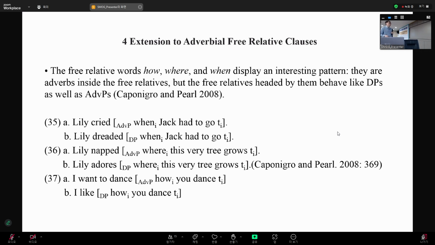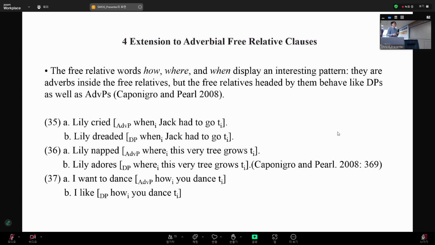The problem is that in 37b, how it ends is a DP. If how is an adverbial phrase and projects the label in here, then there's no reason that this can be a DP. So this is a problem, and where phrases and when phrases show the same problem. When phrases can be either adverbial phrase or DP, and where phrases can be either adverbial phrase or DP.